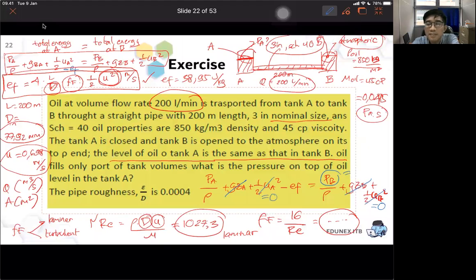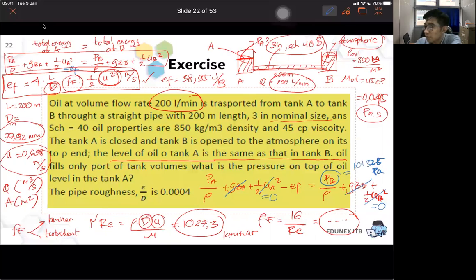In Pascal, the standard unit of pressure will be Pascal. 101,000 something. Okay, this one, right?